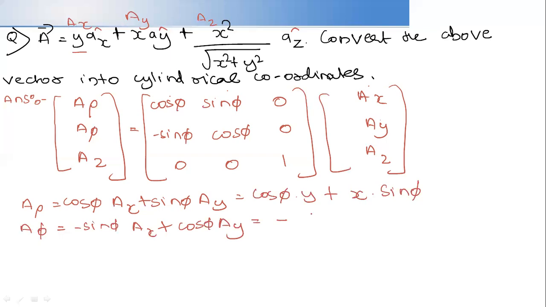So minus y sin phi plus ay, that is x cos phi. And az is az itself, that is x square by root of x square plus y square. Is it clear up to now? Are these things clear?